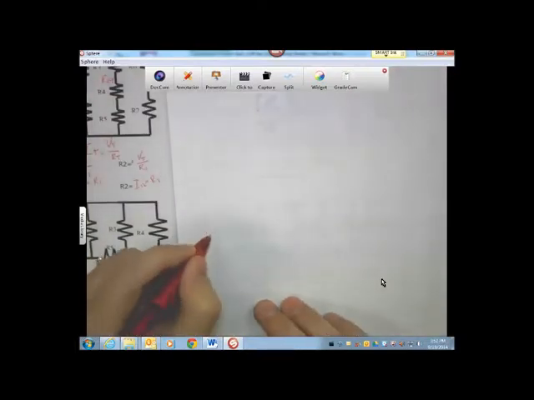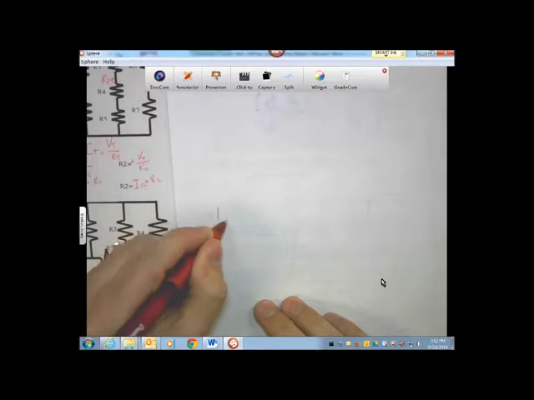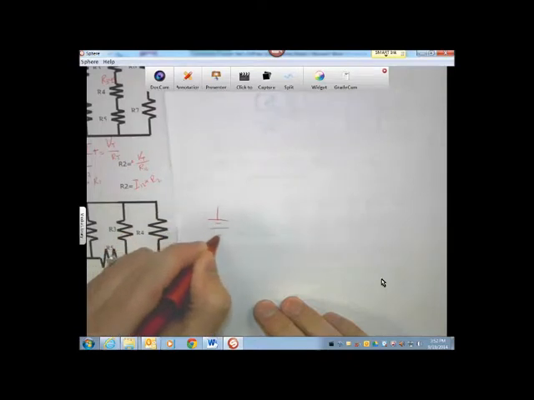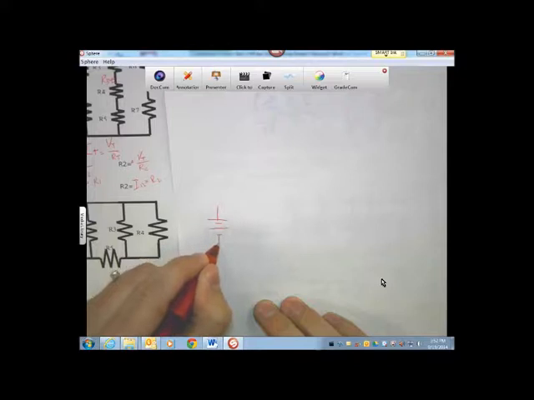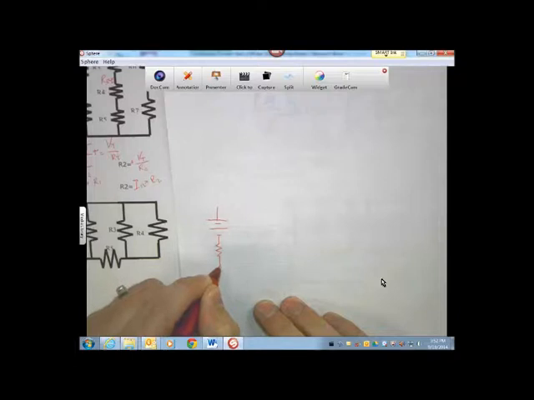So I have the one I showed on the board. And I'm going to move R2 so it's vertical instead of horizontal, just so it's a little bit easier to see its relationship.